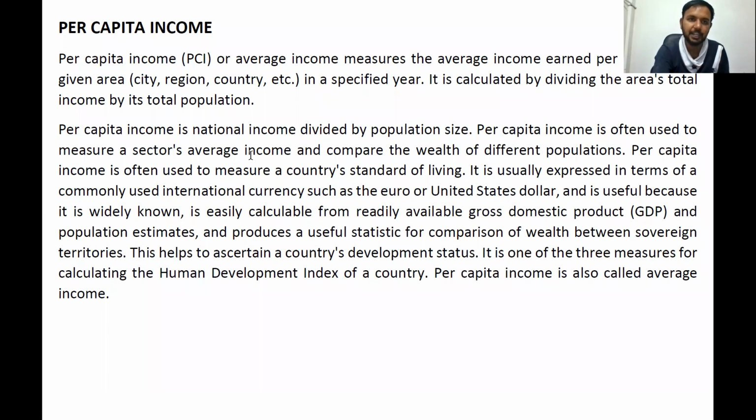And again we will read it. Per capita income is the national income divided by the population size. Per capita income is often used to measure a sector's average income and compare the wealth of different populations. Per capita income is often used to measure a country's standard of living.